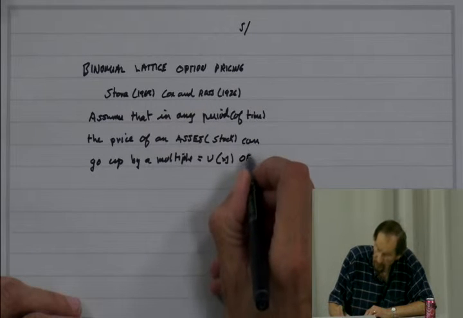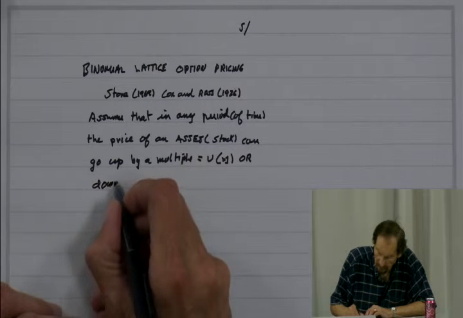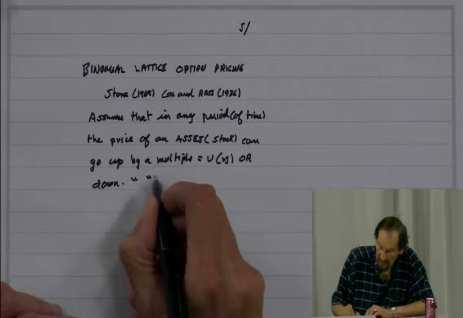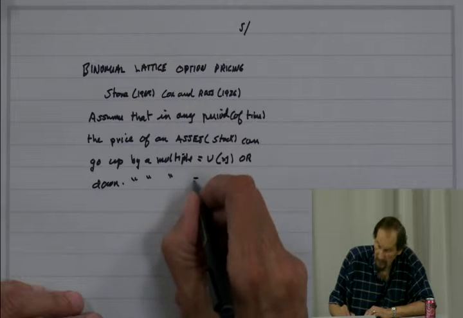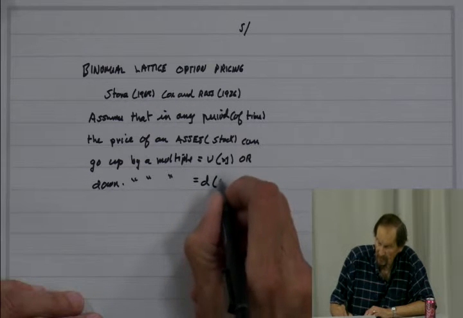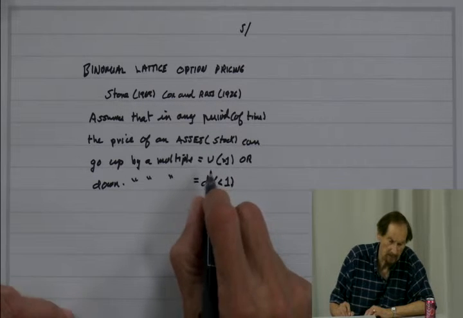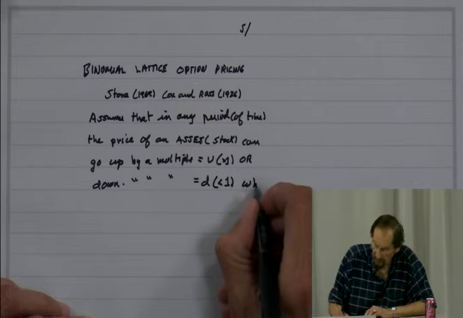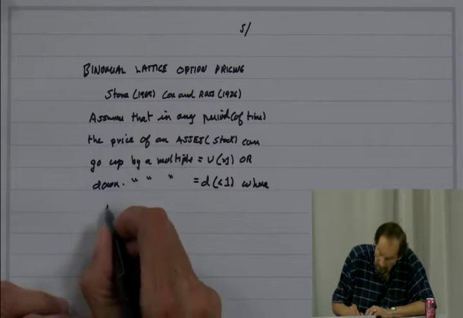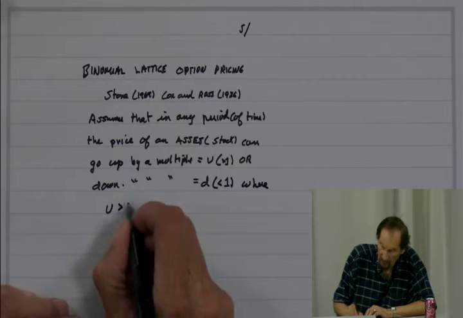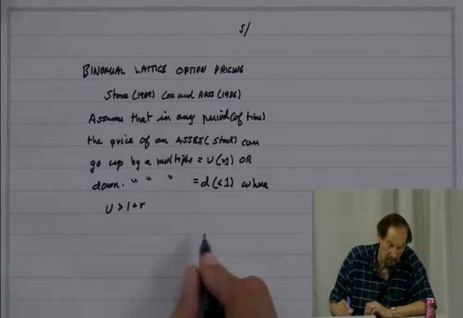Or down by a multiple equal to d, which is strictly less than 1. Okay. Now, how are u and d related to one another? Now, u is greater than 1 plus r, and this r is our period interest rate.